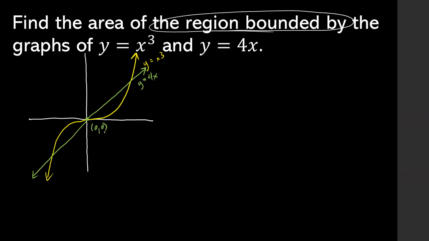Let's get all the intersection points ahead of time. So we're going to say, what? x cubed equals 4x.